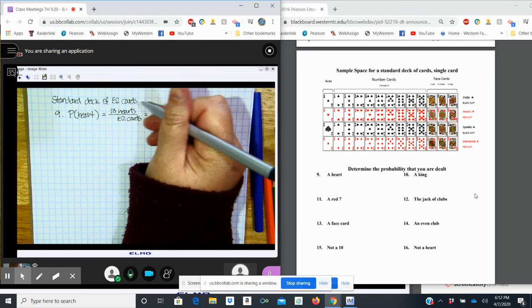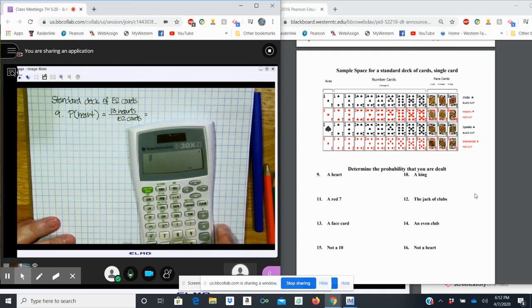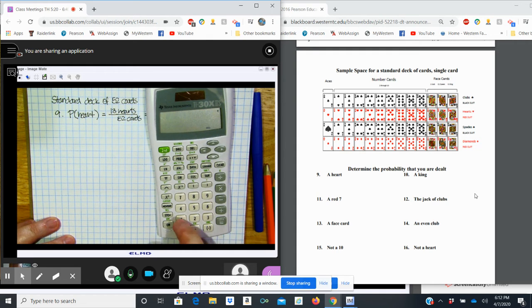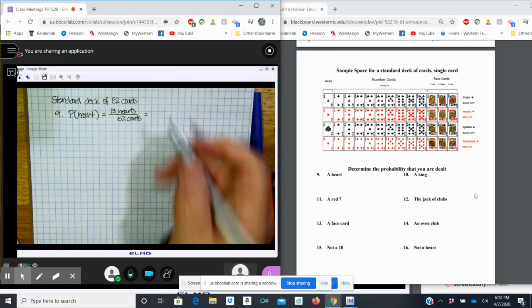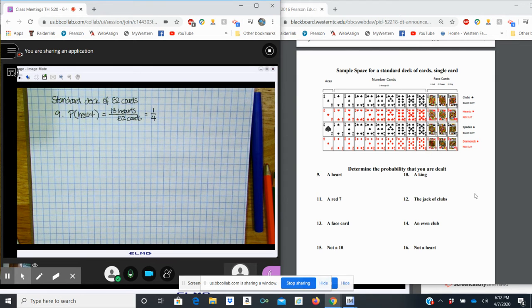This will reduce. This is the hard thing about a deck of cards, that you can reduce it. If you're unsure, you can use the fraction button on your calculator. See how I'm going to do 13 over 52? And that does reduce to 1/4. So my probability here is 1/4.